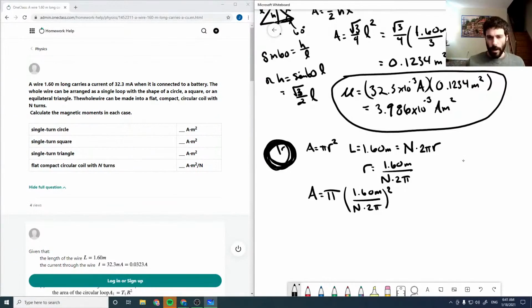And so then our moment is our current, 32.3 times 10 to the minus 3 amps times our area, which comes out to be 0.204 meters squared over n squared.